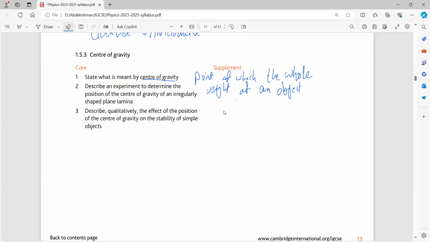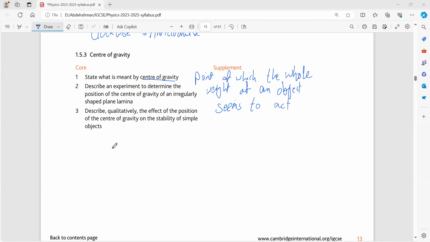Instead of saying acts, we'll say seems to act. It's as if all of the weight is centered at that point, and that's why it's called the center of mass or center of gravity or center of weight.